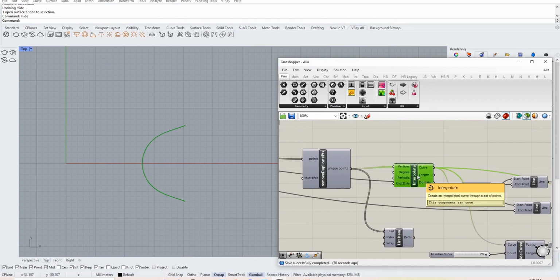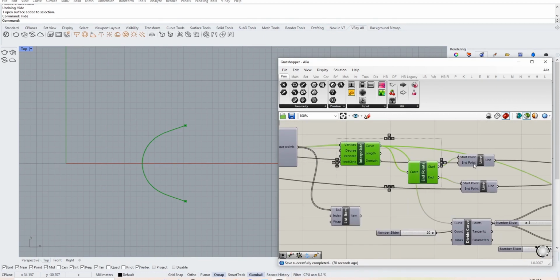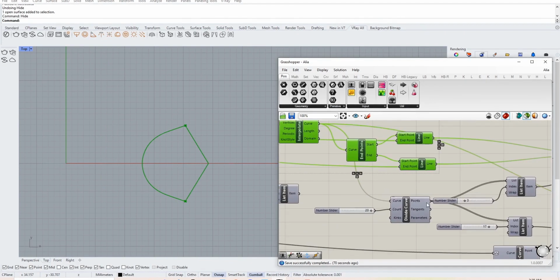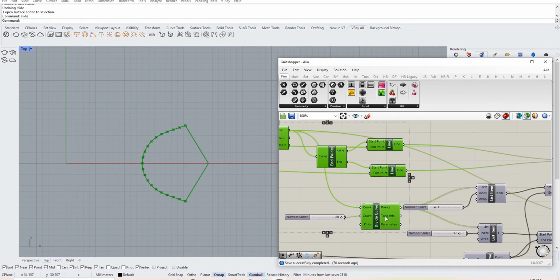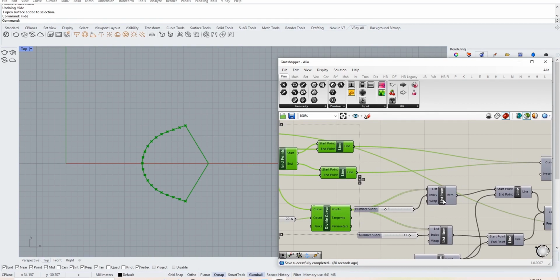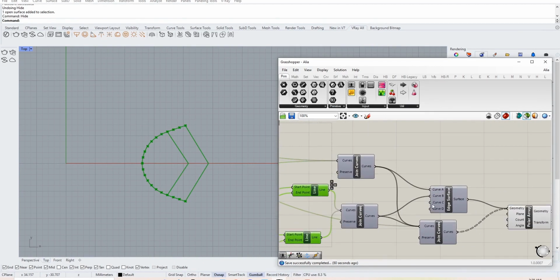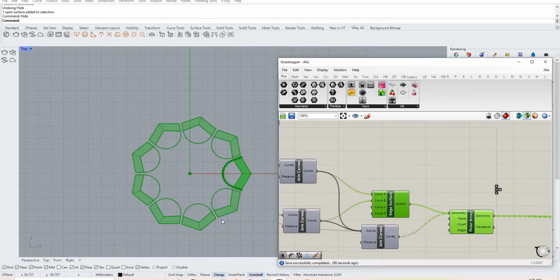So we go on and interpolate it and then choose its endpoints and snap them to one of the points of the polygon. And after that, we divide the curve into a specific set of points and item some of them to create the second snapping that we use to edge, surface, and polar array to create the overall units.